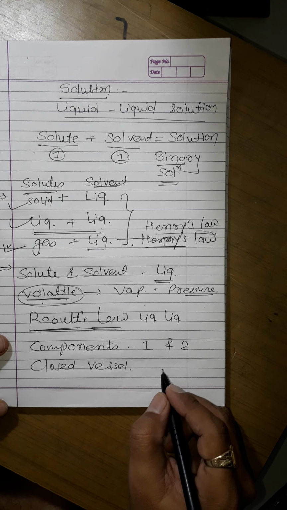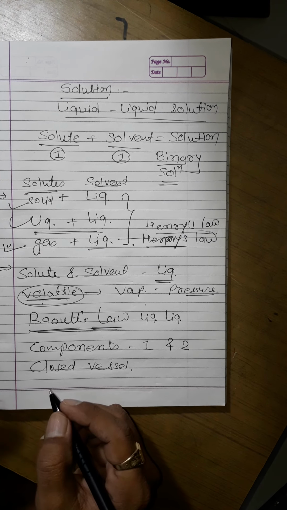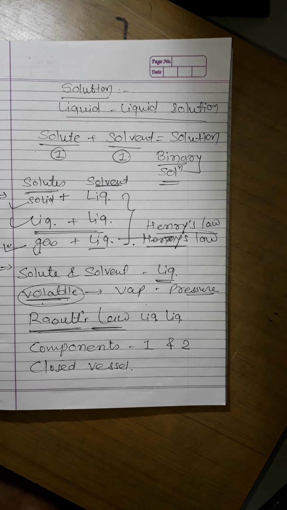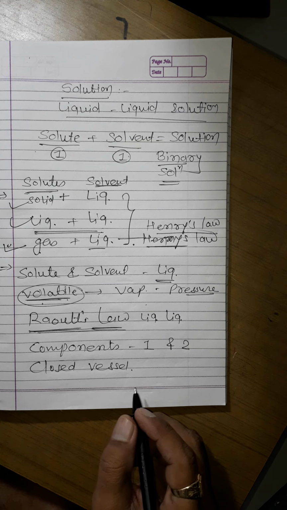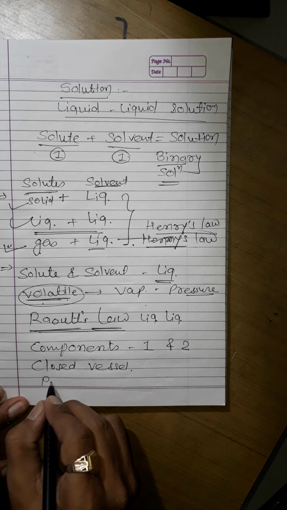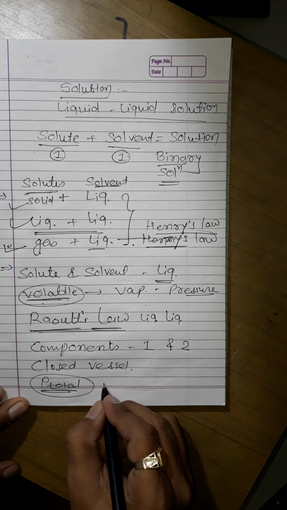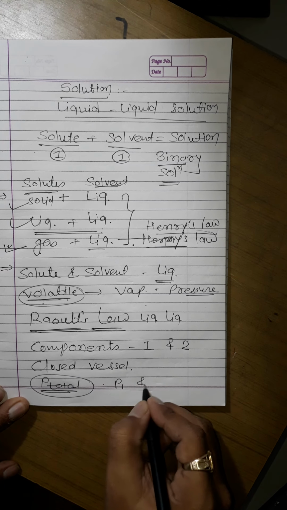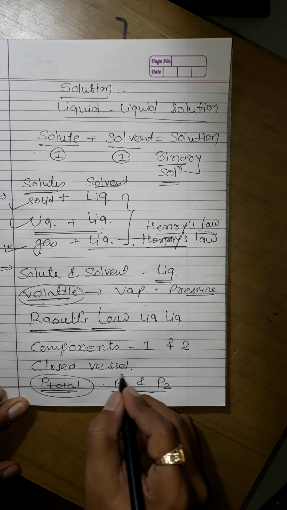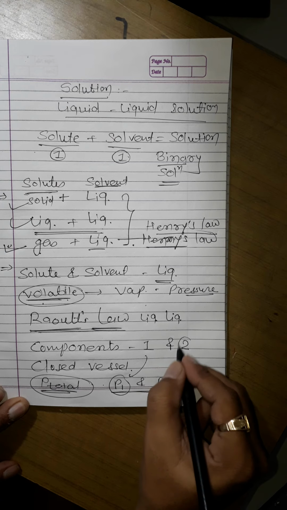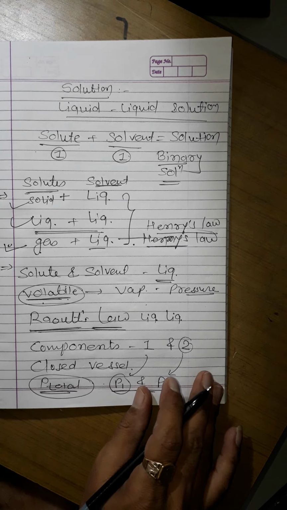Both components will evaporate eventually, and they will create pressure. Then we will observe P total, the total pressure, made up of P1 and P2, that is the pressure of component 1 and the pressure of component 2, that we will consider one by one.